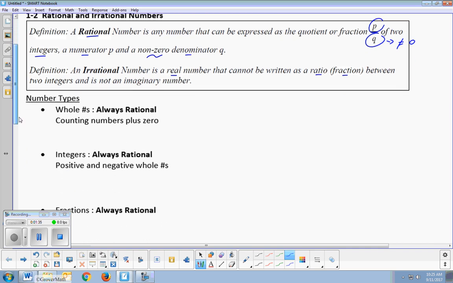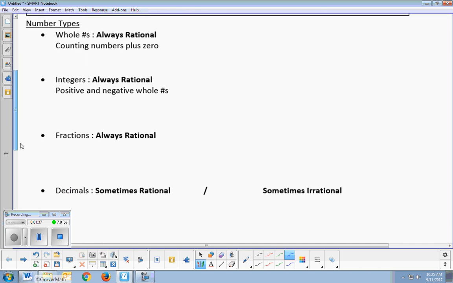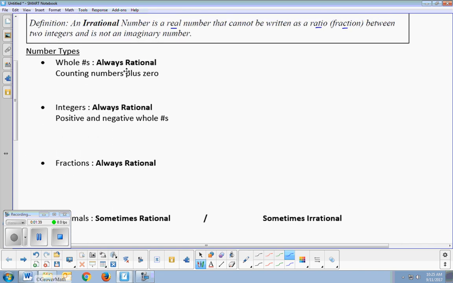Before we get further into rational and irrational definitions, let's talk about number types. Whole numbers are always rational. They're the counting numbers: 0, 1, 2, 3, simple numbers. It does include 0. Counting numbers are just 1, 2, 3, 4, but counting numbers with 0 included, that's what a whole number is.